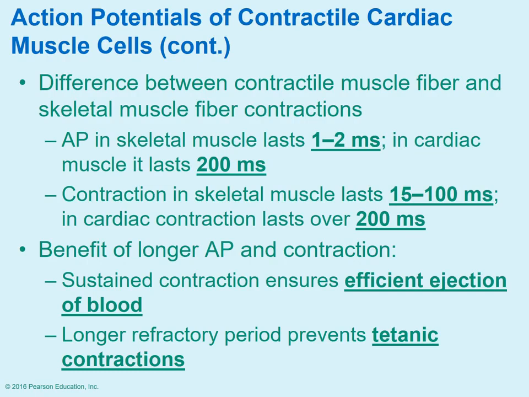In cardiac muscle, the contraction lasts over 200 milliseconds, much longer. So what's the benefit of a longer action potential, a longer contraction period? Number one, you get a very strong contraction and you're getting a very efficient pushing of that blood out of the heart.